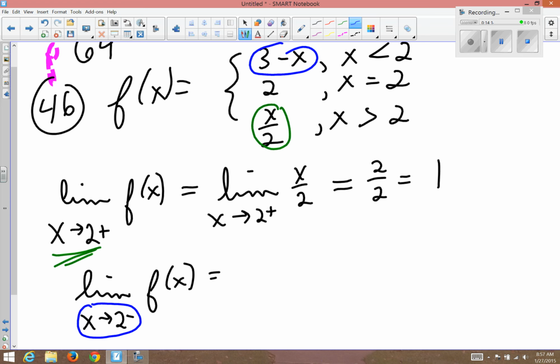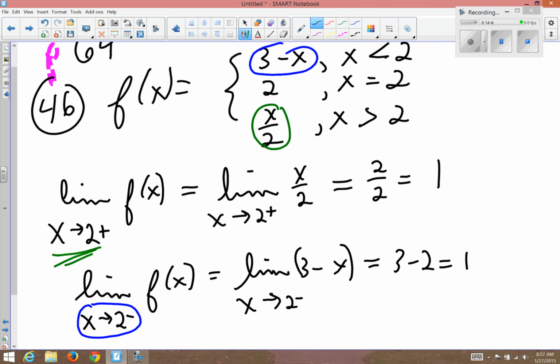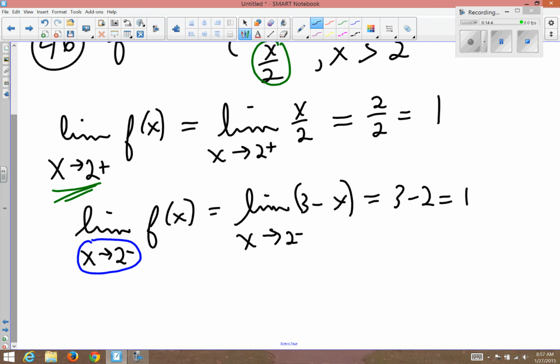Numbers on the left side of 2 are less than 2. That's why we rewrite this as the limit of 3 minus x as x approaches 2 from the left. Even though I'm writing x approaches 2 from the left, we just plug in 2. Approaching 2 from the left is there to tell me which piece to use. Alright, so that's that.